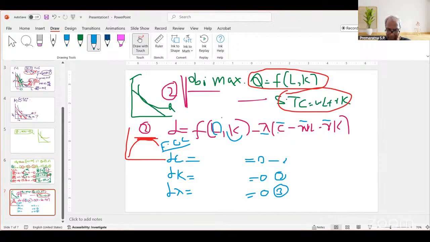Now when you differentiate with respect to labor, you get the marginal product of labor minus lambda W; the minus becomes plus again.